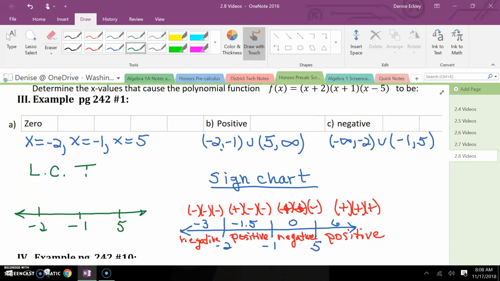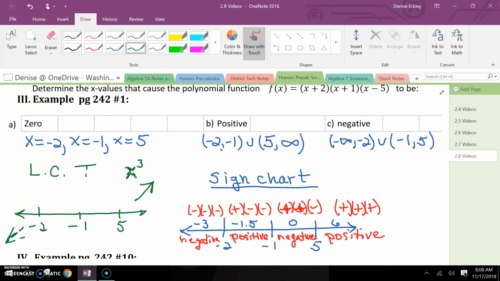So I look at my polynomial and I see that it is going to end up with x to the third if I were to multiply that out, and my leading coefficient is going to be positive. So that means the end behavior looks like this, and it's going to end up over here.